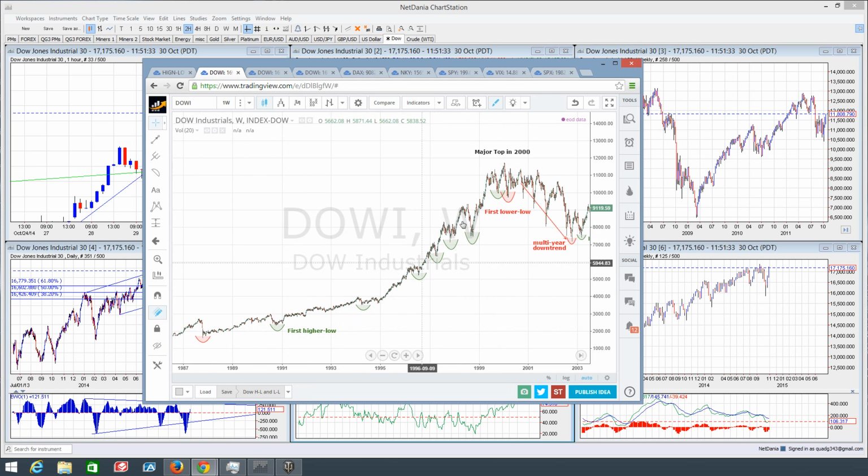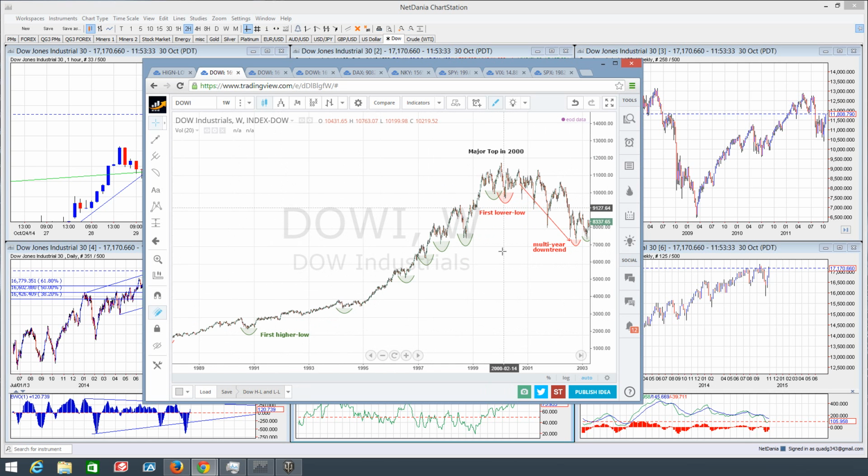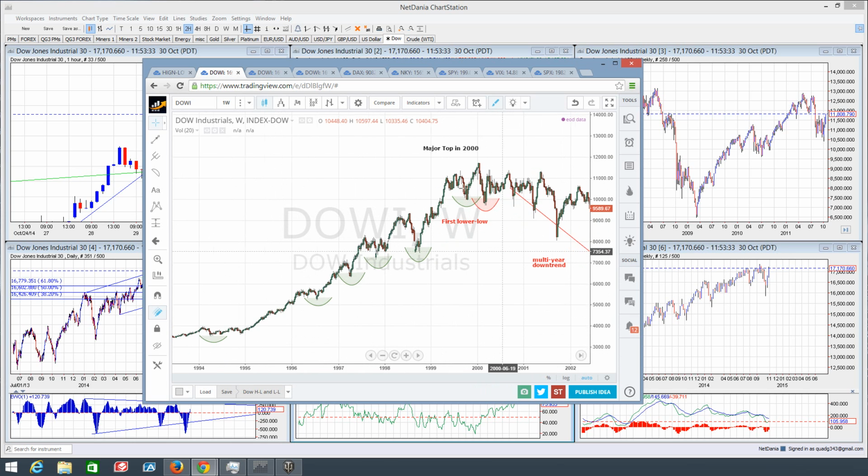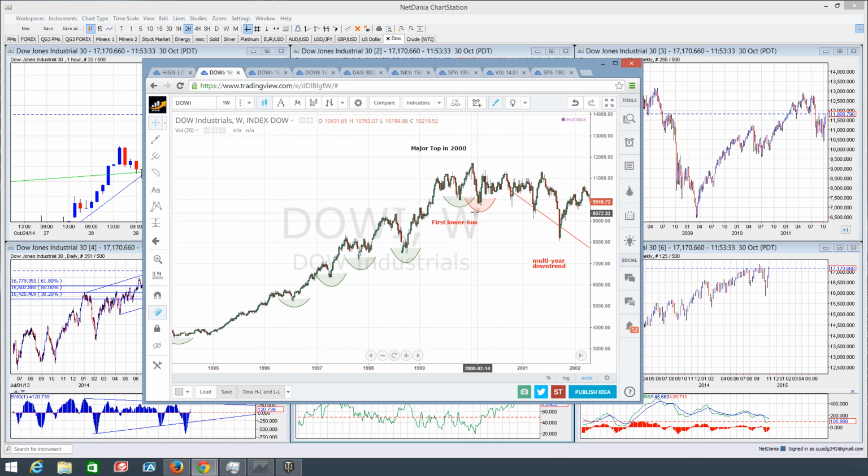This was obviously the dot-com bubble, and it topped out in 2000. At the first swing low here, we'll zoom in on it, we saw a lower low for the first time since basically 1987. So that was another warning sign that the market was toppy.